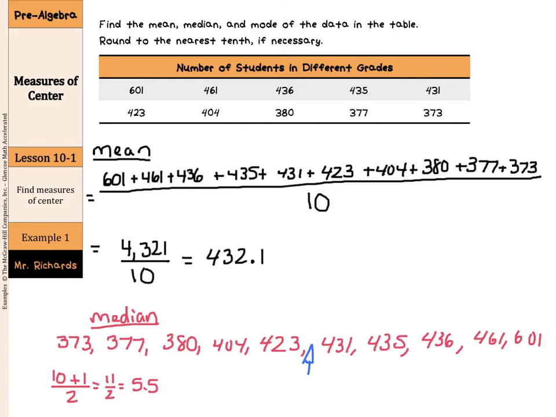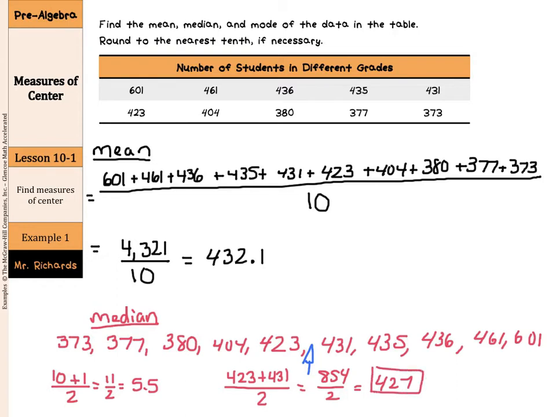So now we get to go, all right, 423 plus 431 and divide that by 2. 423 plus 431 is 854. And after I divide that by 2, we get 427.